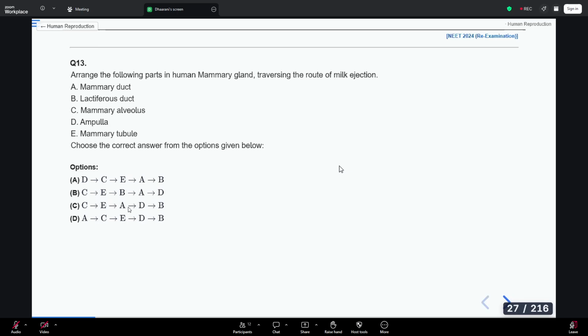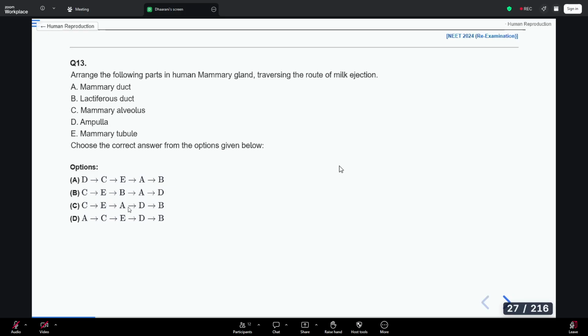Okay, what is the hormone responsible for this milk ejection? Before answering this question, just let me know what is the hormone responsible for milk ejection. Very good, it is oxytocin.